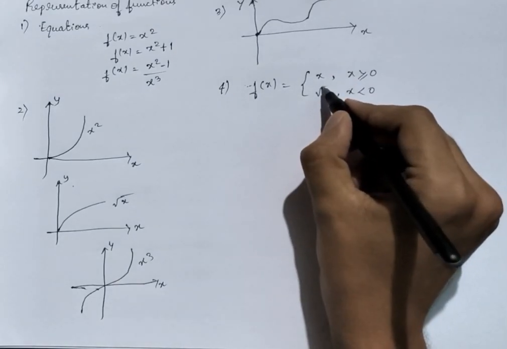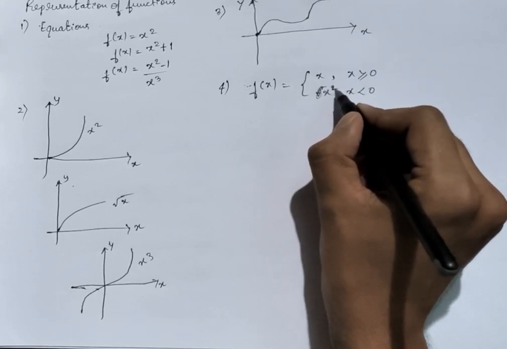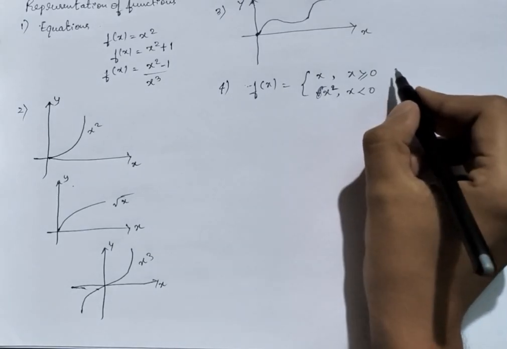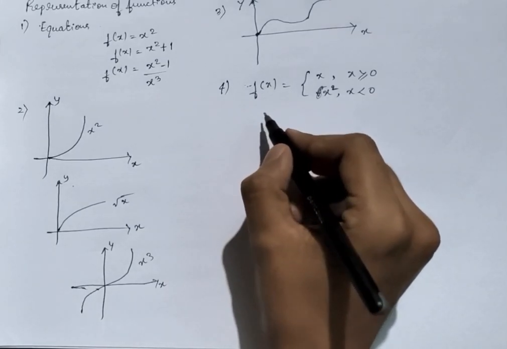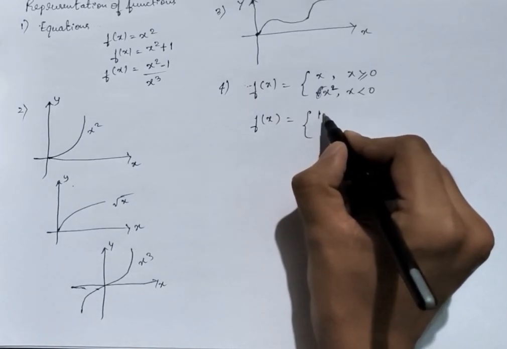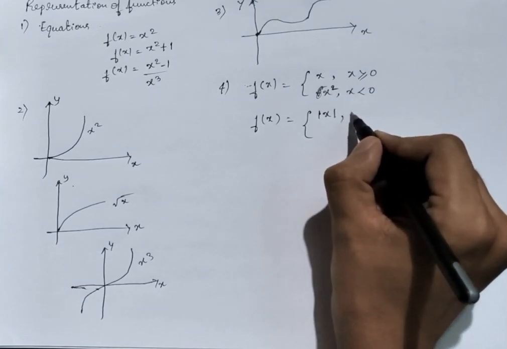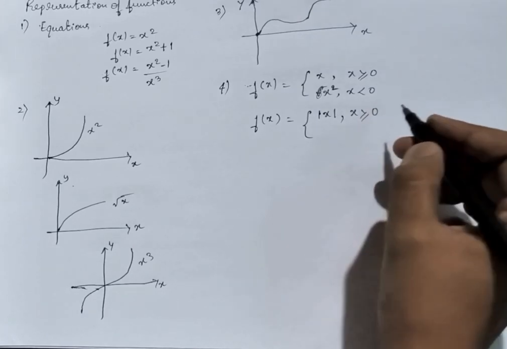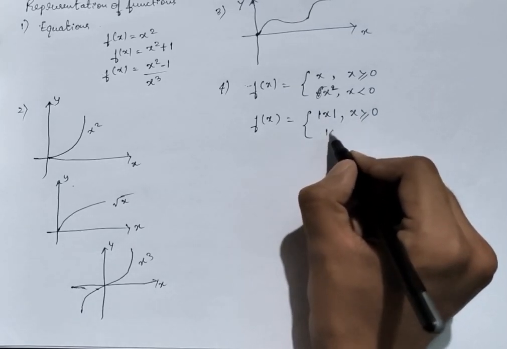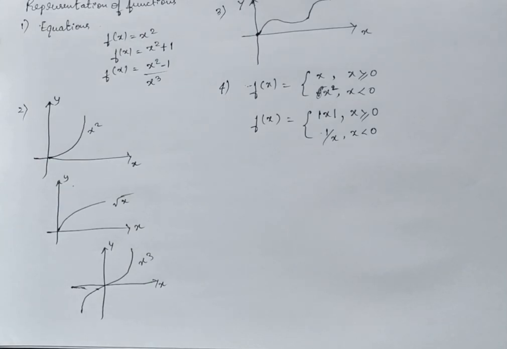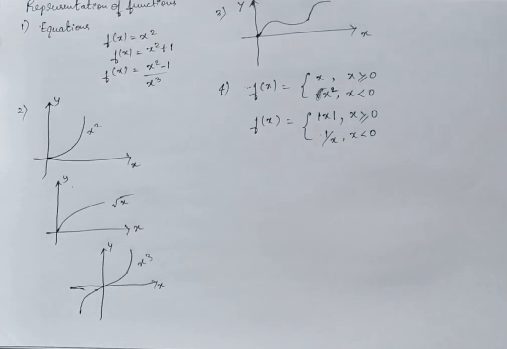Sorry, make it x square, because root x doesn't exist for less than 0. This is a type of function. Another, let's say f of x is equal to mod x, for all positive real numbers, and 1 by x for x lesser than 0. In these four ways we can represent functions.